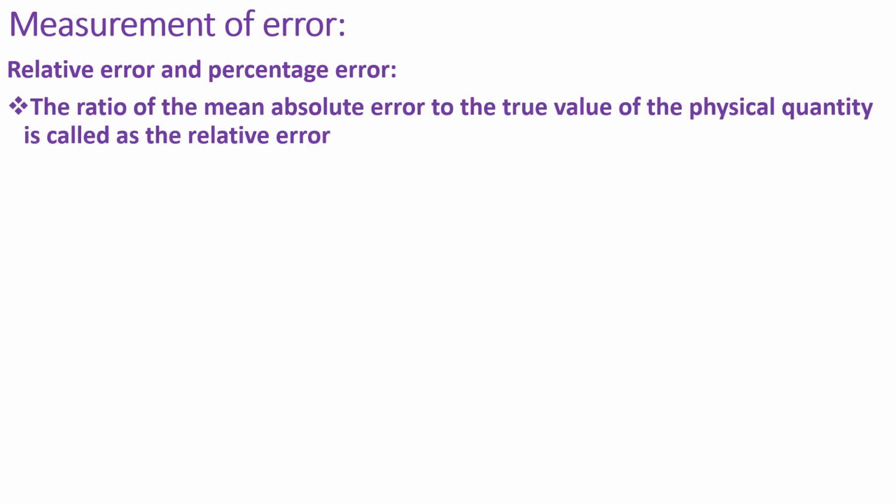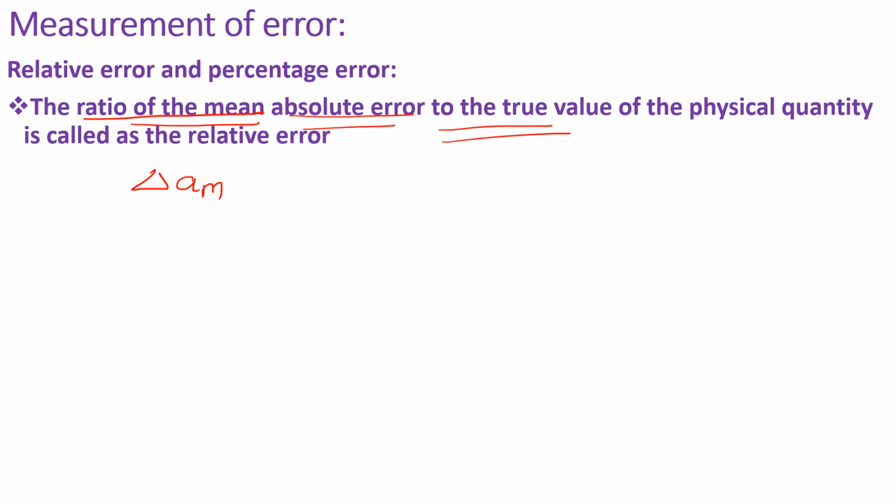Then one more kind of measuring the error is the relative error and percentage error. First we shall see what relative error is. What is the definition of relative error? It is the ratio of the mean absolute error to the true value. So what is mean absolute error? Mean absolute error is delta A mean, the sum of delta A1 plus delta A2 plus delta A3 up to delta AN divided by N. That itself is called delta A mean.